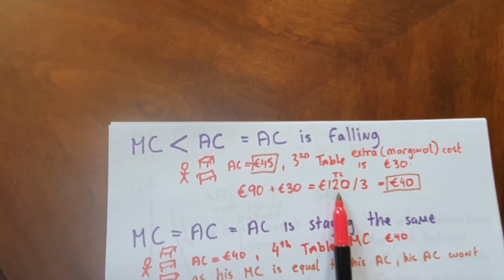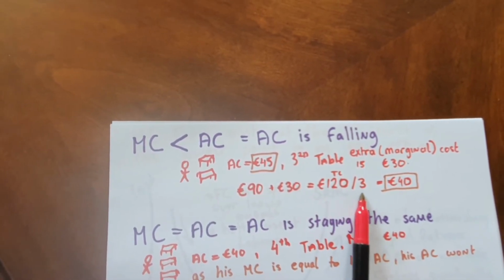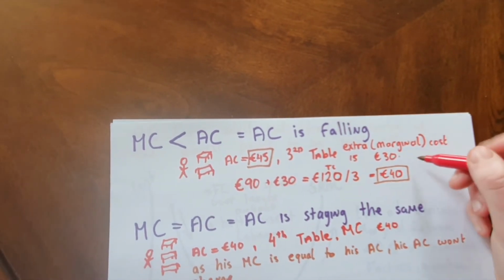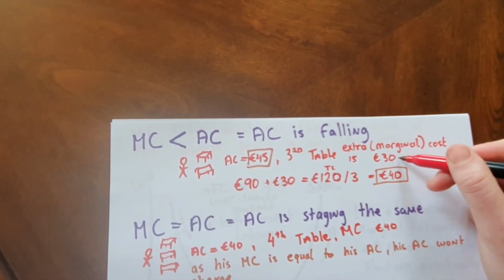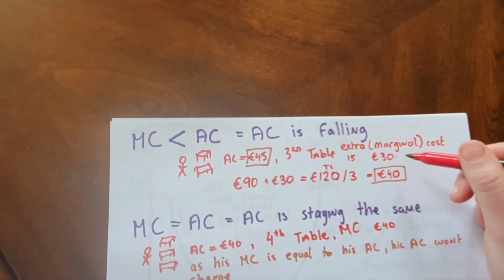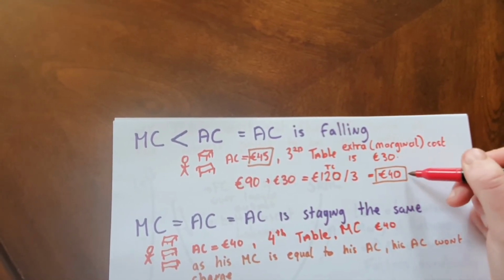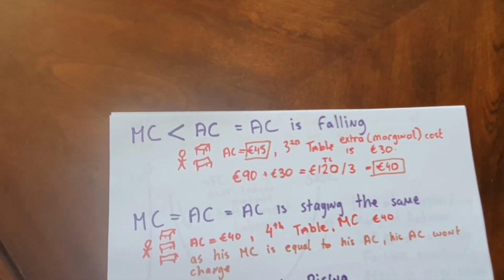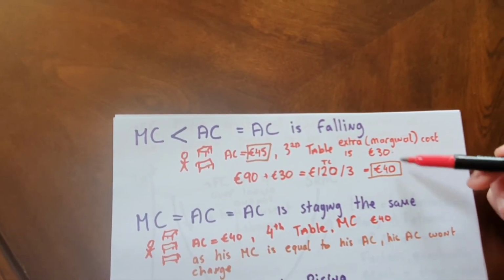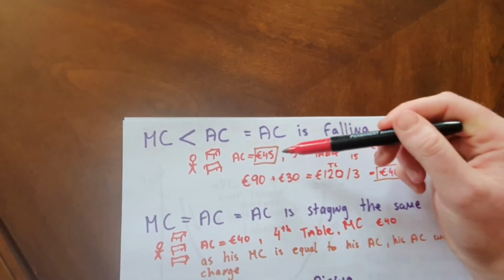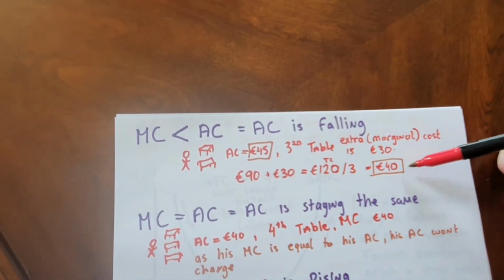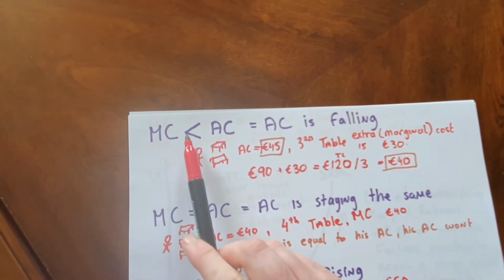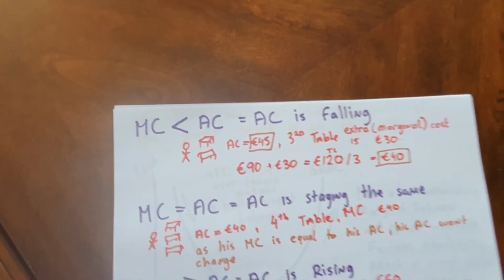Then we divide that 120 by 3, which is our new quantity, and that gives us 40. So we can see here that the marginal cost is less than our average cost. Because that's bringing it down, our average cost is falling, going from 45 to 40. Therefore we know that our marginal cost is less than our average cost.